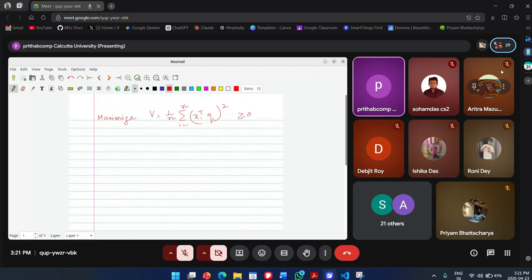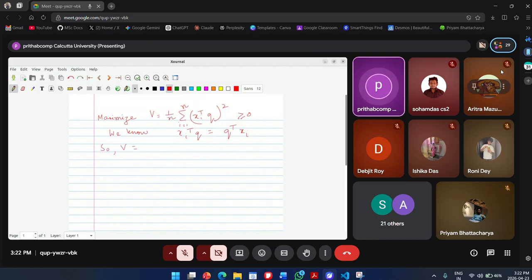Now you see that we know that this xi transpose q is the same as q transpose xi. Actually I need to write it in a different fashion for our computation purposes.